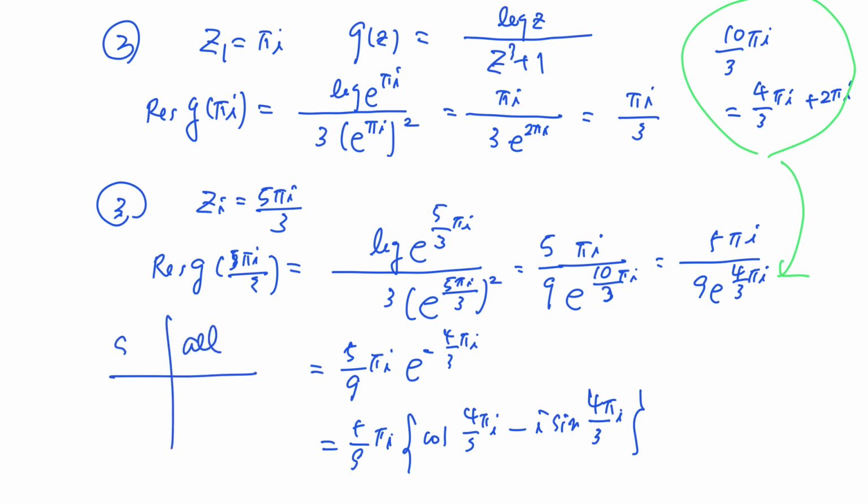So 3 over 4 pi is here, right? Cosine is positive, sine is negative, right?